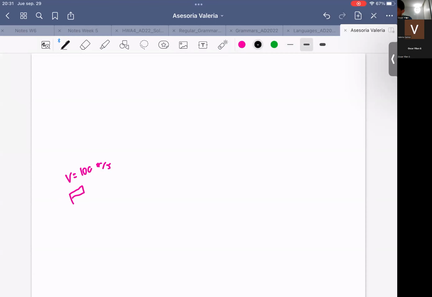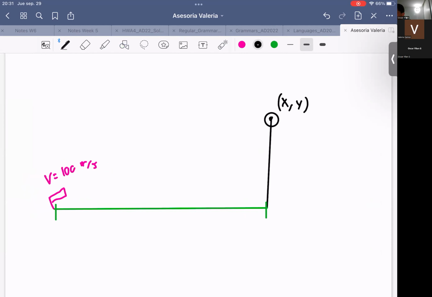And you want to hit exactly a point, a coordinate, an x, y coordinate. For example, you want to shoot something that is 100 meters horizontal from you, and it's at a height of 20 meters, right?